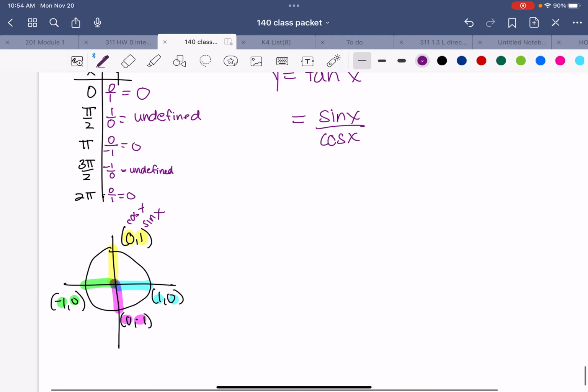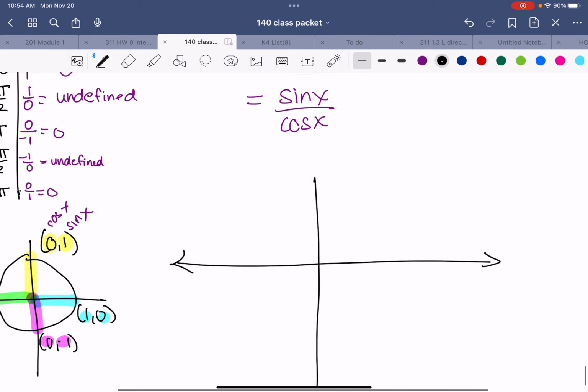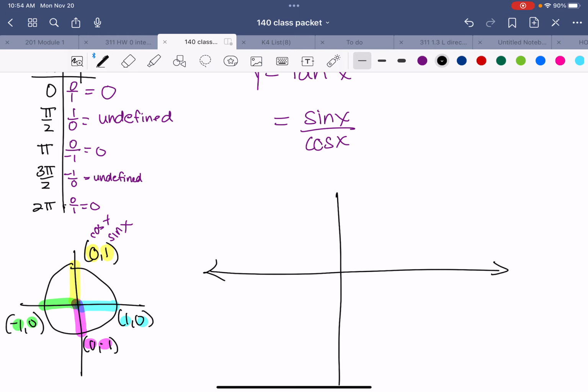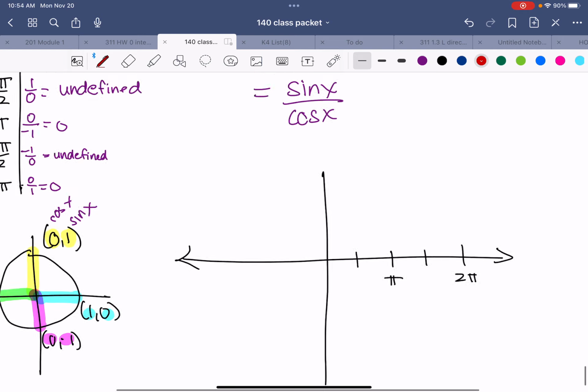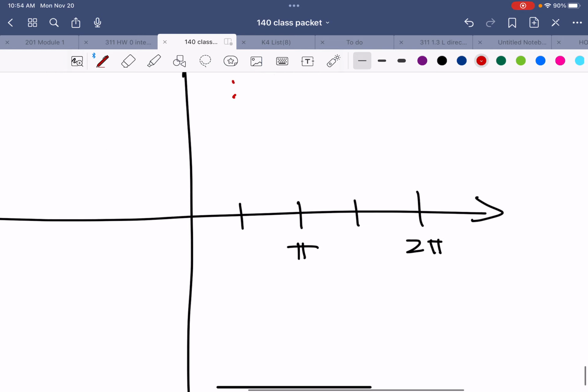So what happens when a function is undefined? Well, typically when it's undefined, because it's a fraction, it ends up being an asymptote, and that's what happens with tangent. So that means tangent is going to have an asymptote at pi over 2 and 3 pi over 2. So 1, 2, 3, 4. This is pi. This is 2 pi, which means at pi over 2 is this one. And I'm going to draw a dotted line because it's undefined here.